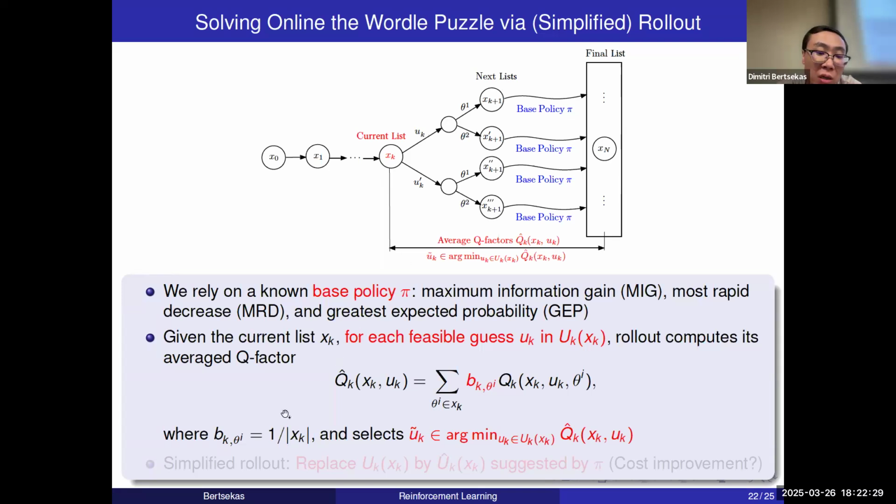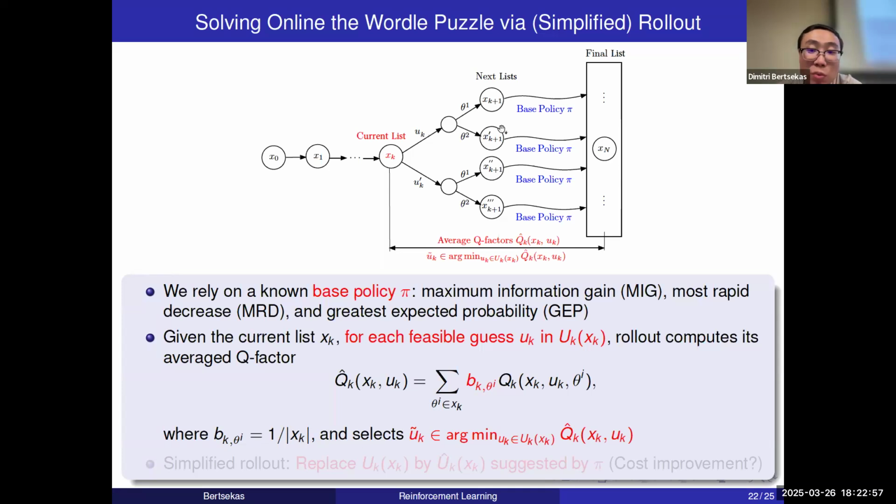And as I mentioned earlier, throughout this calculation, the belief state, the theta distribution over the feasible mystery words, remains a uniform distribution. So for every theta, its probability is 1 over the number contained in the feasible list.